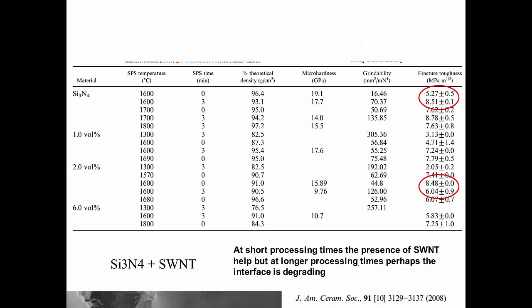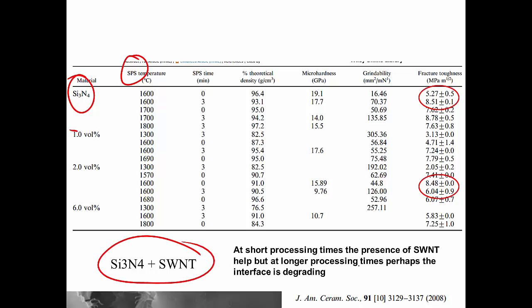And so the example of the performance of this kind of situation in the presence of a reinforcing phase is shown here. So here we have silicon nitride, which is processed from powder using a special technique called spark plasma sintering, with single wall carbon nanotubes.